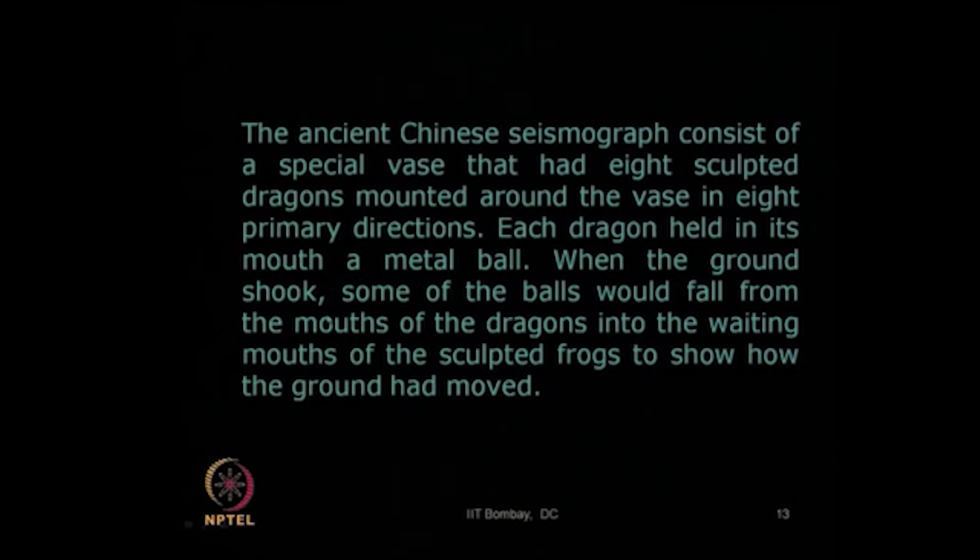When the ground shook, some of the balls would fall from the mouths of these dragons into the waiting mouths of the sculpted frogs to show how the ground has moved. So, that is the principle on which this dragon jar works for measurement of seismic waves.